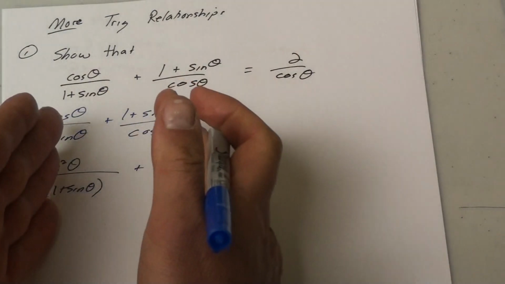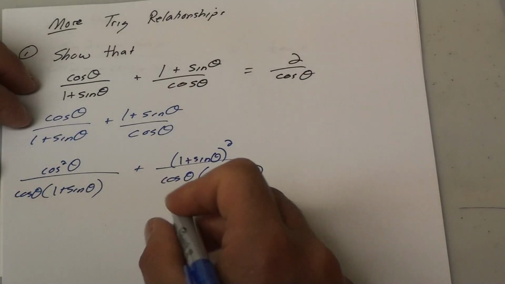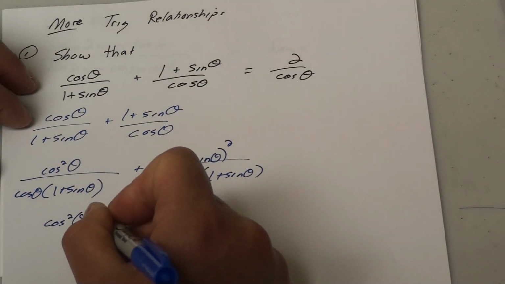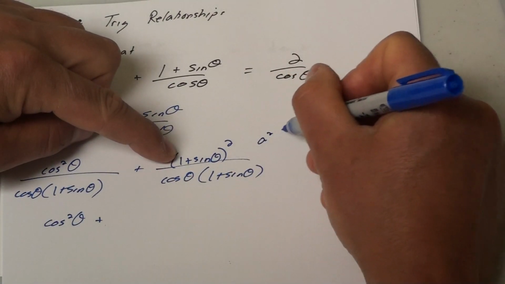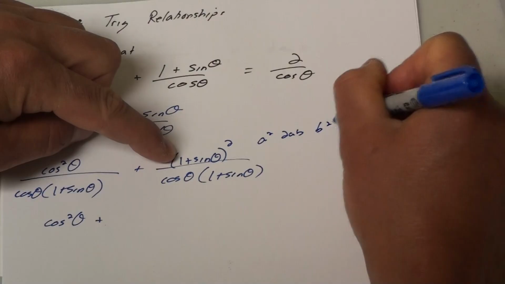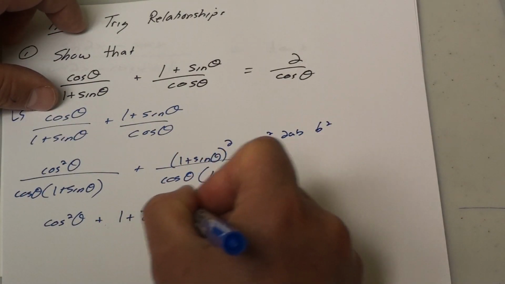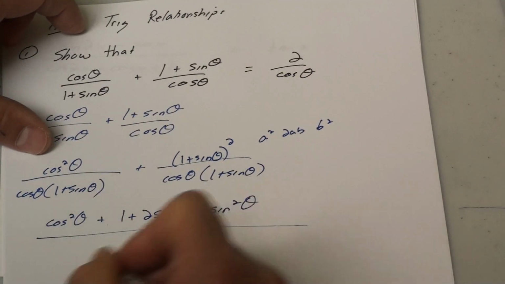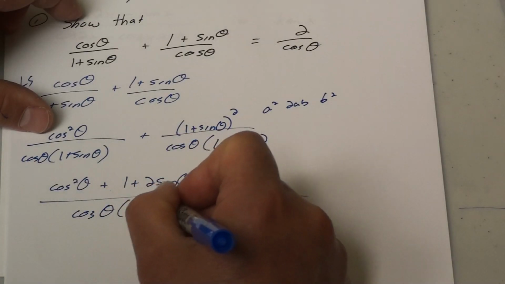Now I can add the two together. So in doing so, you have cos squared theta, because I have a common denominator, I can add them together, plus, and I'm going to expand this at the same time using my a squared, 2ab, b squared. It'll give me 1 plus 2 sine theta plus sine squared theta, all over cos theta times 1 plus sine theta.